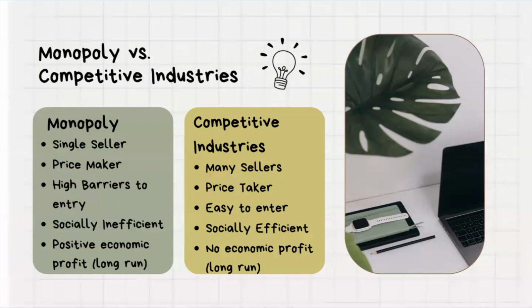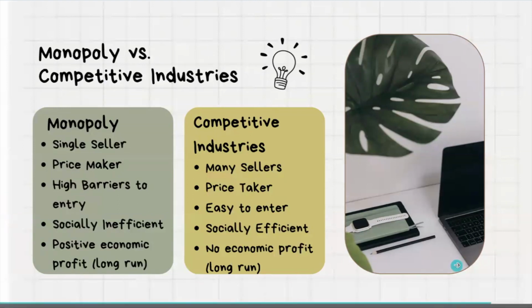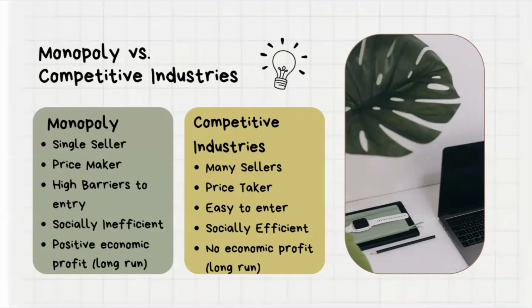Monopoly versus competitive industries. So monopoly is characterized by single seller. A monopoly exists when there is only one seller or producer in the market, giving the firm control over prices. And price maker, since there are no close substitutes, monopoly has the power to control market price.